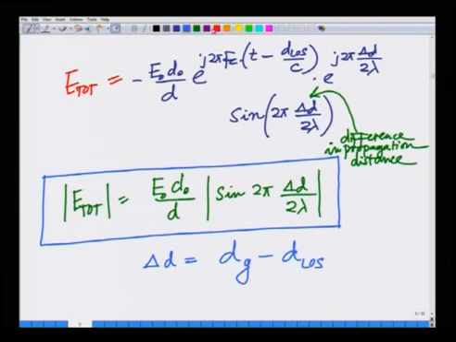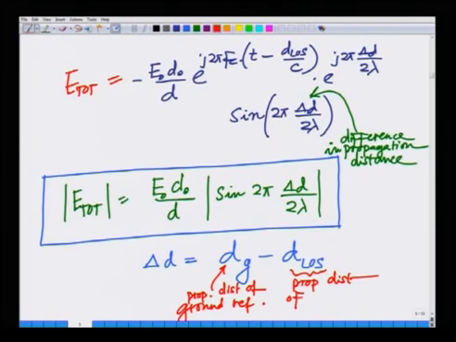This dg is the path length, or the propagation distance of the ground reflected component, and this dLOS is the propagation distance of the line of sight component.